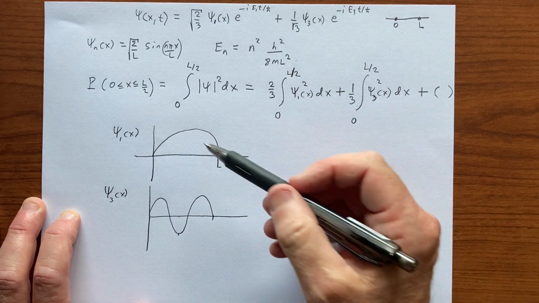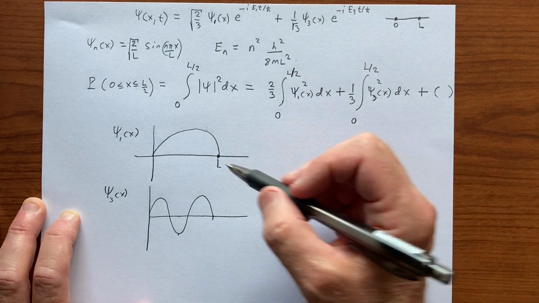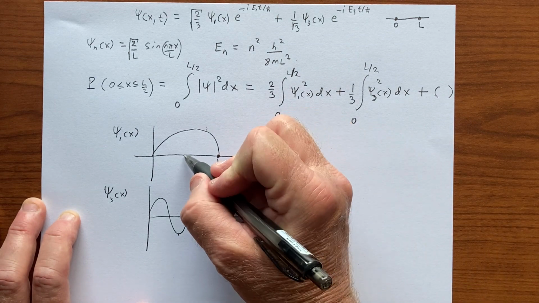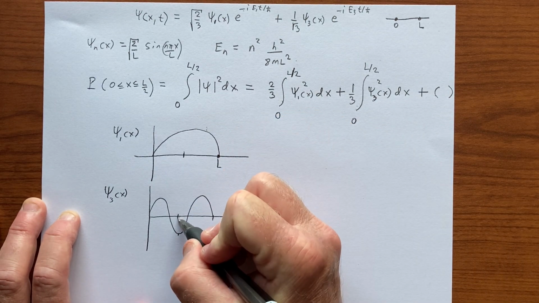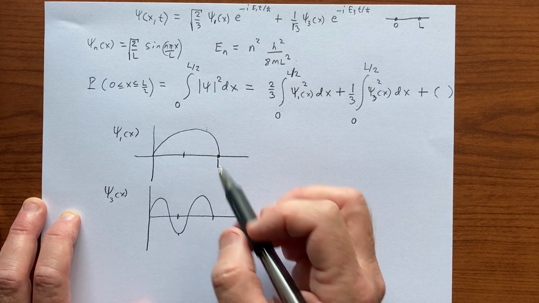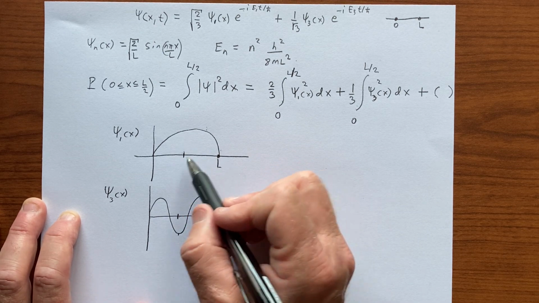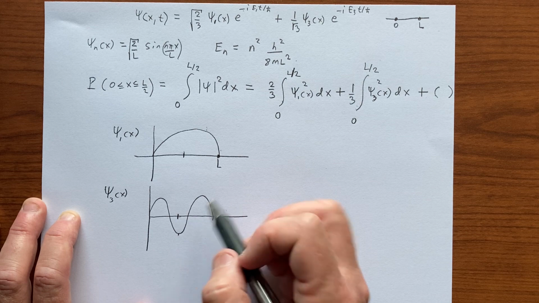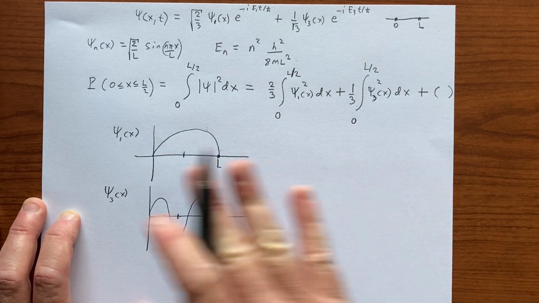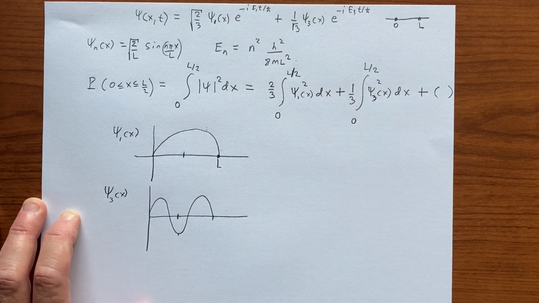So notice that these two functions are symmetric about L over 2. In other words, they just repeat themselves on the other side of L over 2. It's sort of the mirror image of each other. I can just fold the sheet over about L over 2 and complete the function.